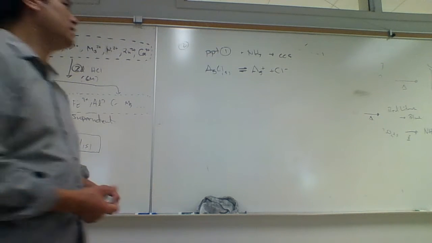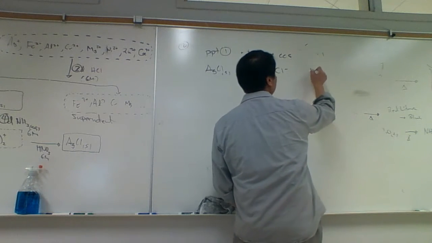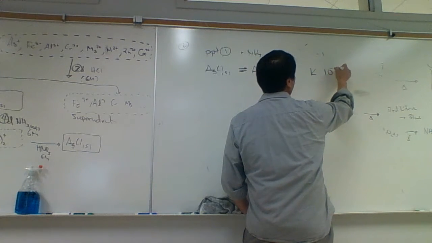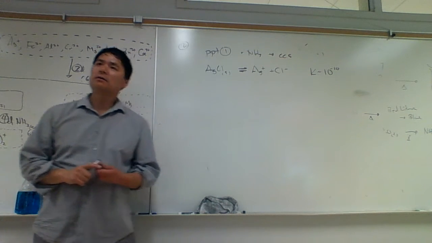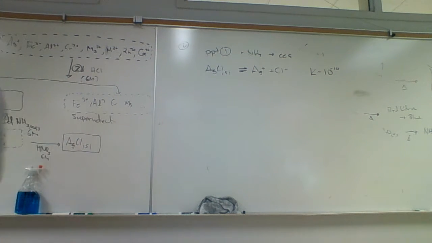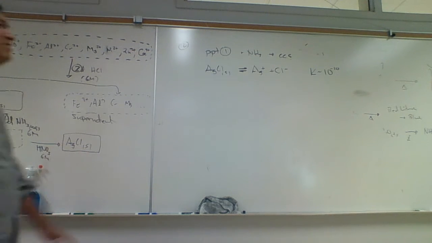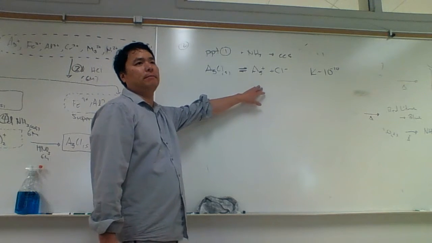In other words, K is very small for this. K is actually 10 to the minus 10. That means, roughly, 1 part of product to 10 billion parts of reactant. This is one way of visualizing this. And so very little of this silver chloride dissolves.